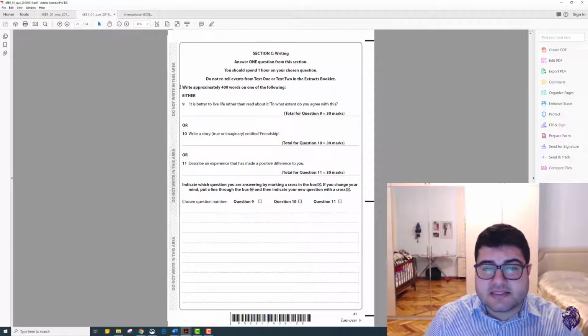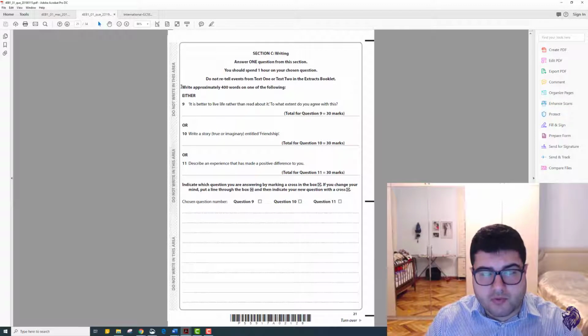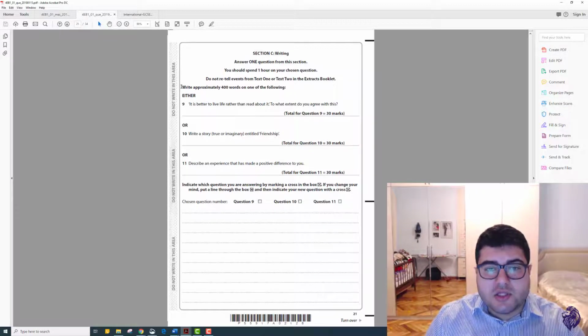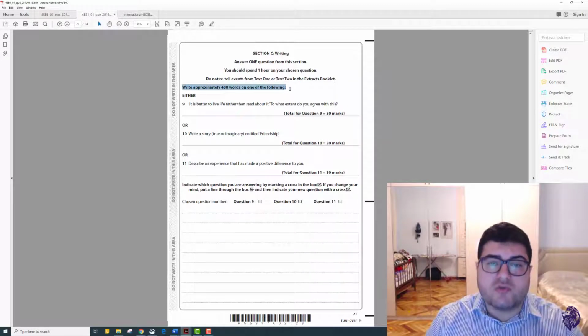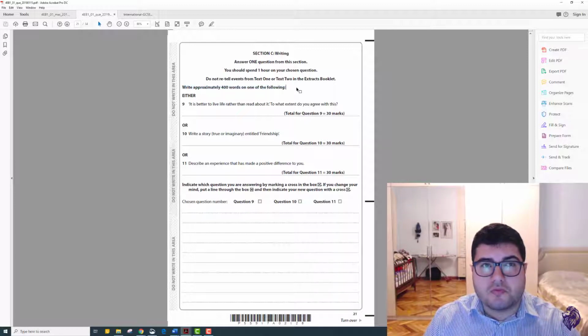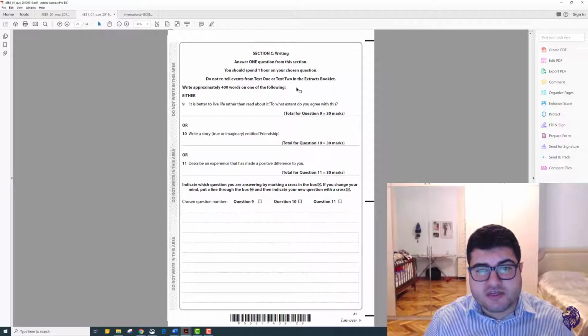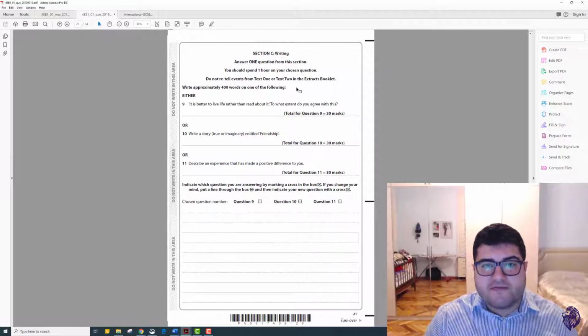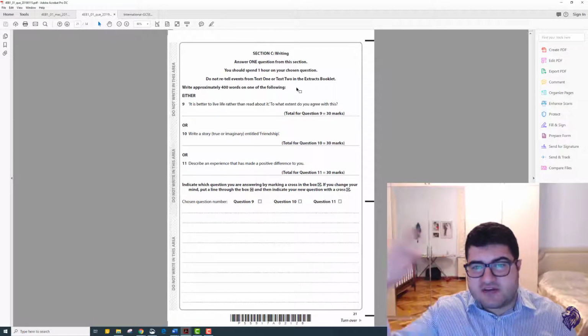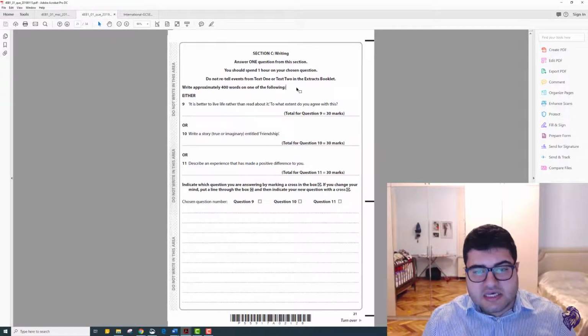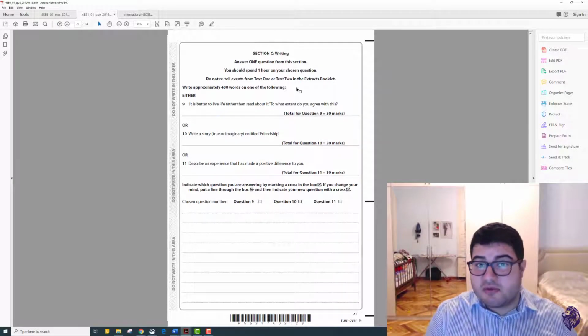The other thing that makes this section unique is that there's actually a word parameter, a word limit. They tell you that you should write approximately 400 words, which means 350 to 450. Now, going way above 400, for example, 700, 800, 900 words, which is very possible when you get kind of into it, is somewhat of a bad idea.